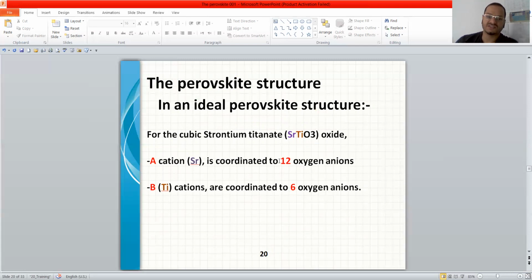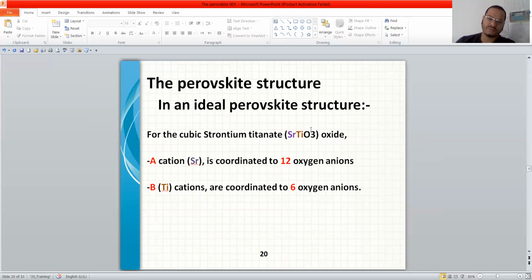The ideal perovskite structure is on the last slide. Like I said, in my opinion, the most important slides were the cost, the properties, and the perovskite advantages.